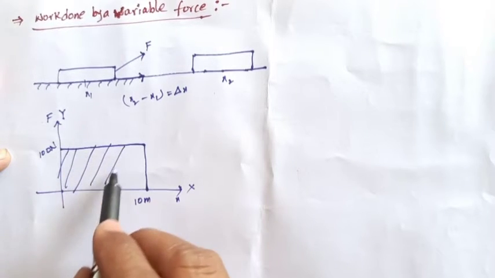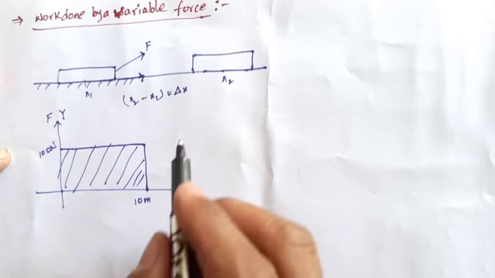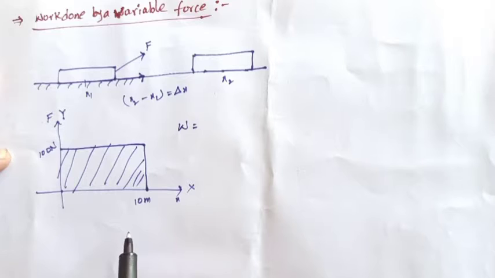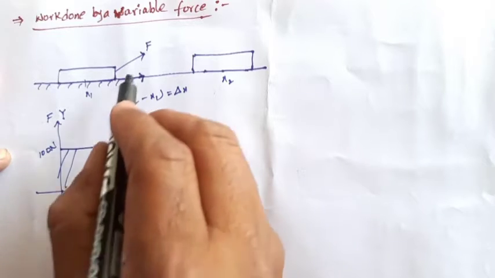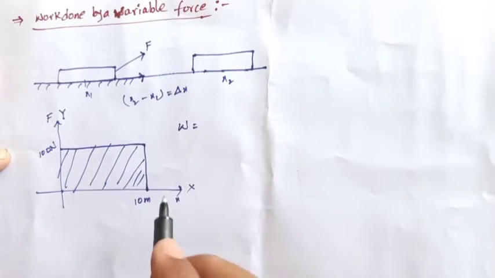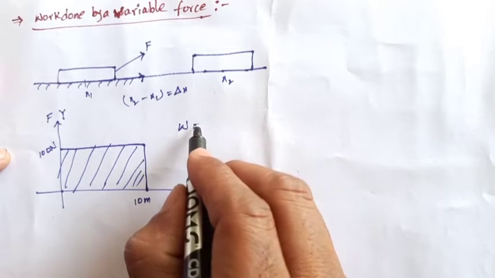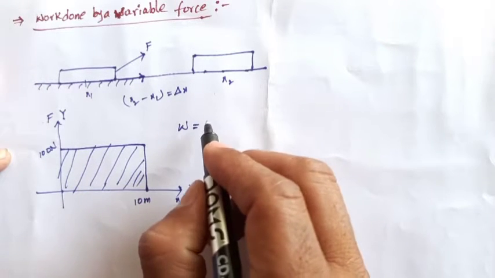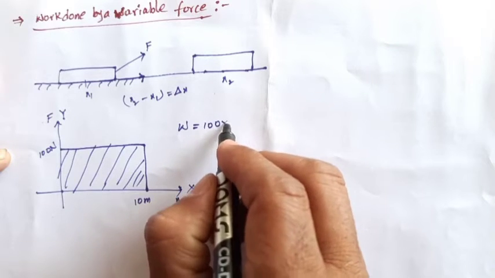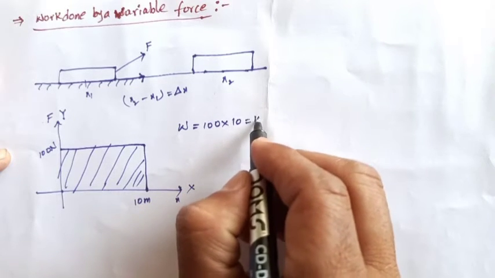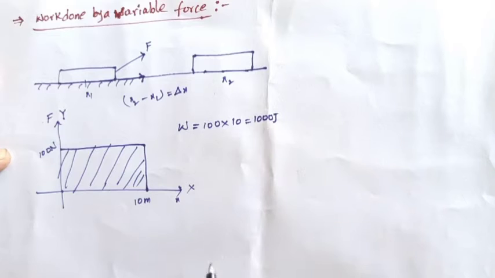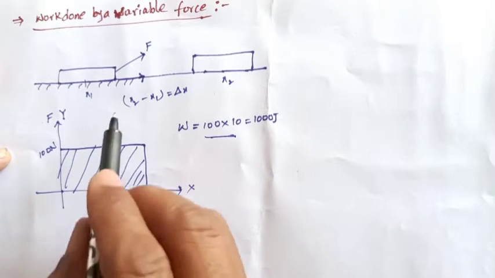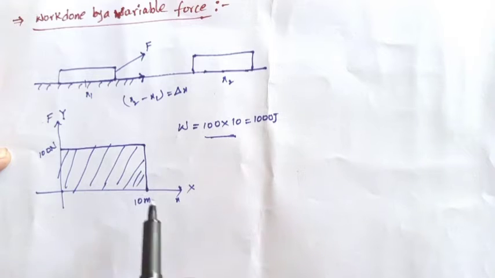The area is the work done on the body: W equals force times displacement, 100 into 10, that is 1000 joules. So we can calculate the work done easily.